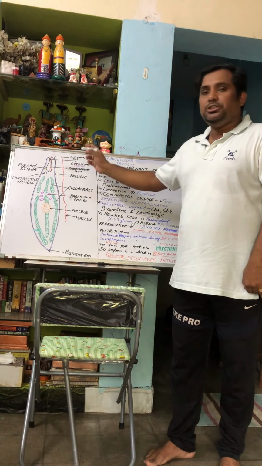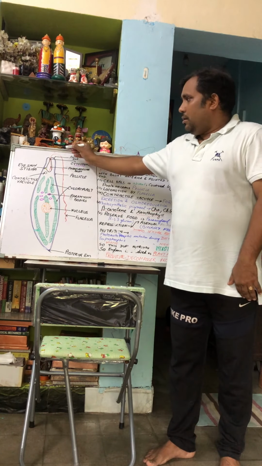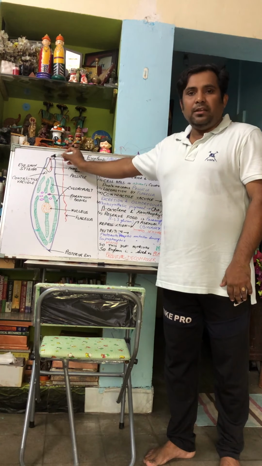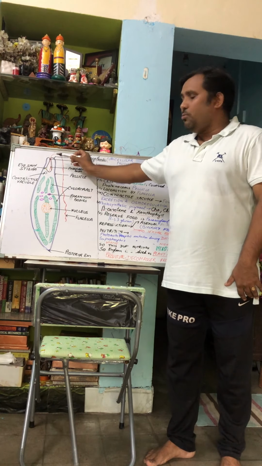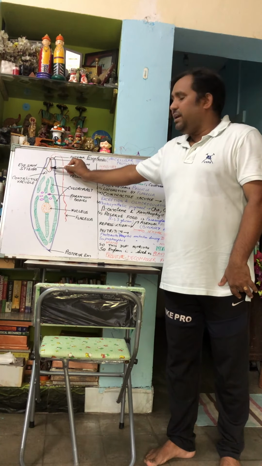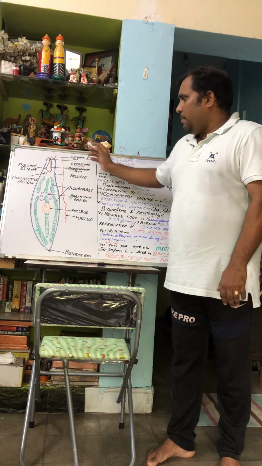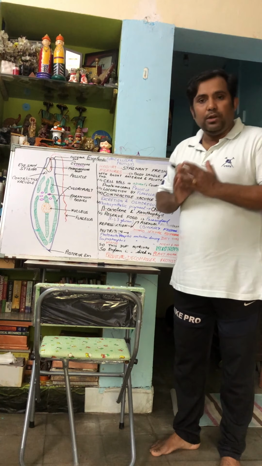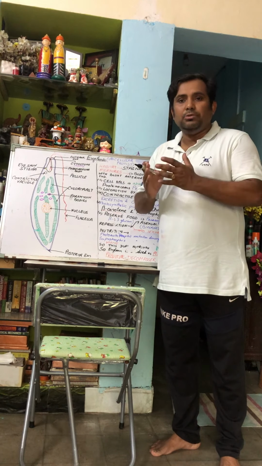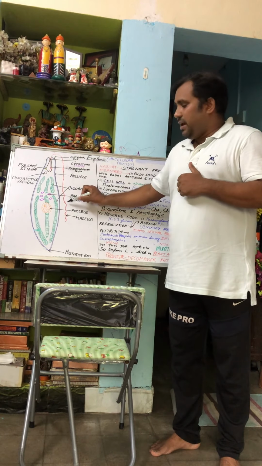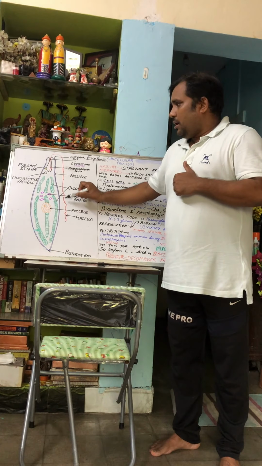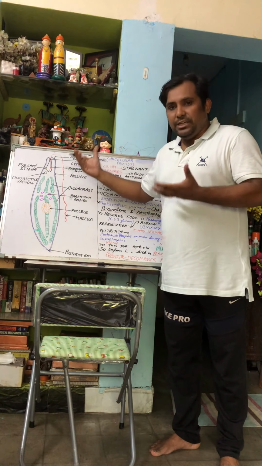If you see the structure in detail, there is an opening at one end that is called the cytostome or mouth. Cytostome or mouth leads into the cytopharynx. Now, primarily, Euglena locomotes by a single longitudinal flagellum. There is another short flagellum.